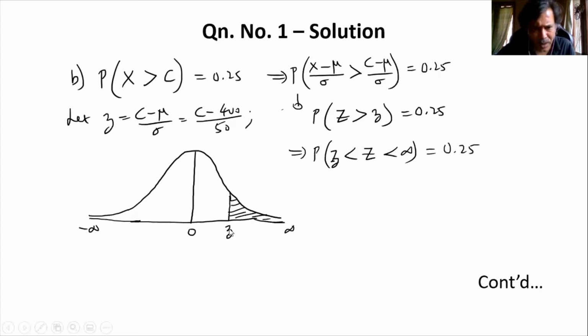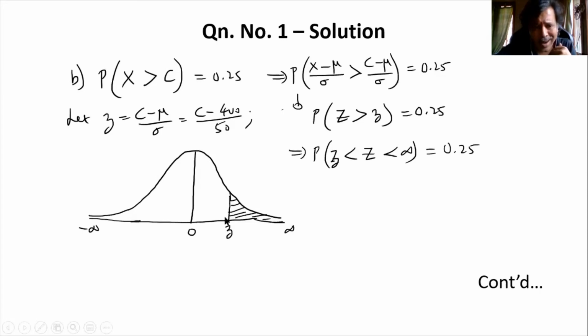Now, if I have to find this area, I may not be able to directly get it, because the table, whatever we had seen previously, will give for any z value from 0 to a particular z value, 0 to some positive value, not for any value in between or any negative value, etc. So we need to convert our probability accordingly.